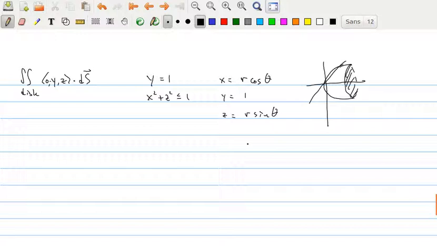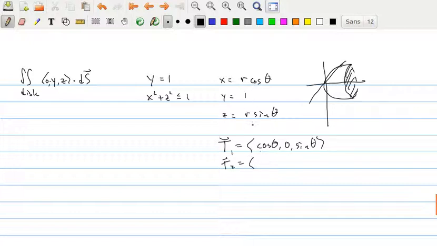So now let's look at our ds. To get the ds, we want our two tangent vectors. So t1, that would be the partials of this thing with respect to your variable of choice. Let's look at the partial with respect to r. So this gives us cosine theta, 0, sine theta. T2, these are the partials with respect to the second variable, which in this case is theta.